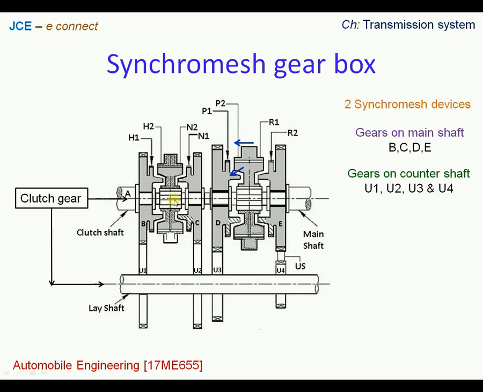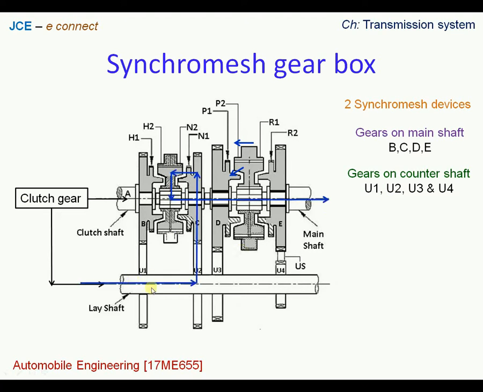Thereby the Synchromesh will be set into motion, which is further going to rotate the main shaft, and that will happen only when the internal gear on the top of the Synchromesh device is brought in mesh with the tooth N1. Thereby we see how the power is transmitted from the engine to the main shaft.